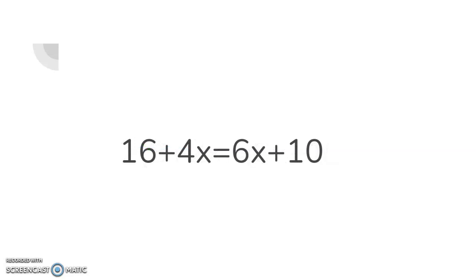Perfect. And now we are set with this equation, and we can leave the parentheses behind because we already solved for that. So now we have 16 plus 4x equals 6x plus 10. Now we want to get the variables all set.